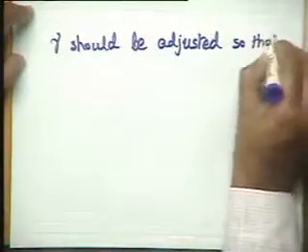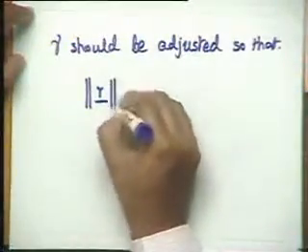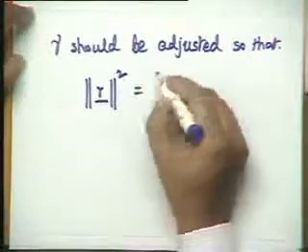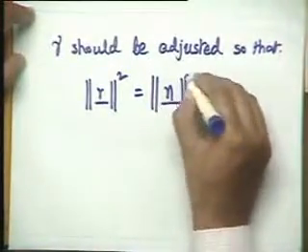So we have to adjust gamma so that norm r square is equal to norm n square. Ideally r square must be equal to n square, isn't it? r is a residual vector, so r square must be equal to n square. But can it be exactly so?